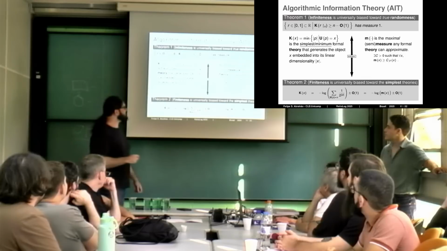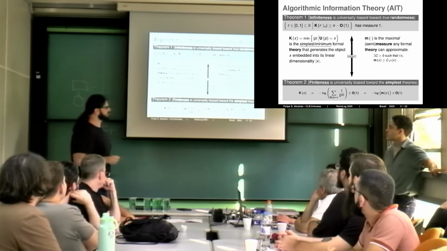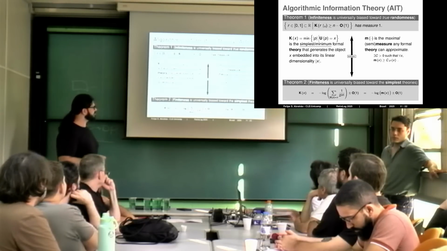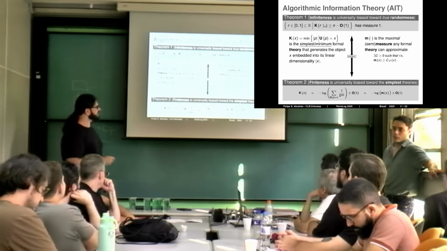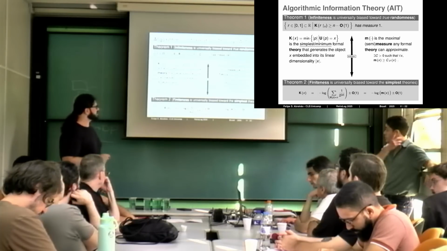Yeah. So Solomonoff, Chaitin, and Kolmogorov were working on related problems, but from different backgrounds and different motivations, and they can actually live together in this theorem.